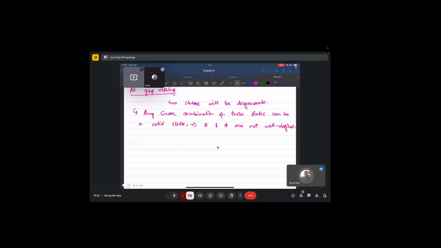So whenever there is a gap closing, the vectors cannot be smoothly deformed, because in between, the moment you hit the gap closing point, the vectors are themselves ill defined, because again, as I said, the vector's magnitude is determined by the energy eigenvalue. So the energy eigenvalue itself is 0, and then you have all linear combinations as possible eigenfunctions and so on. So that is not allowed. So yeah.